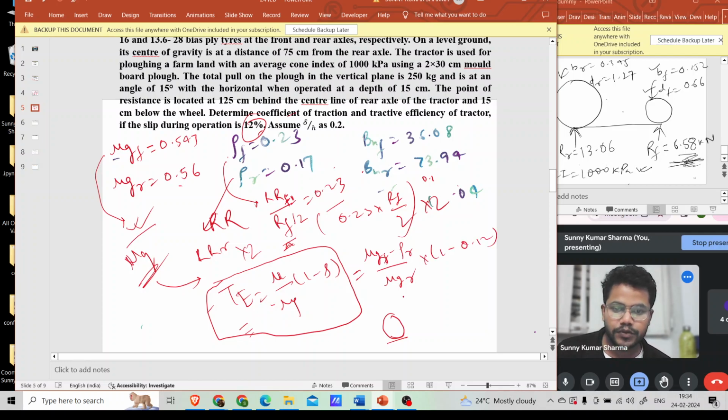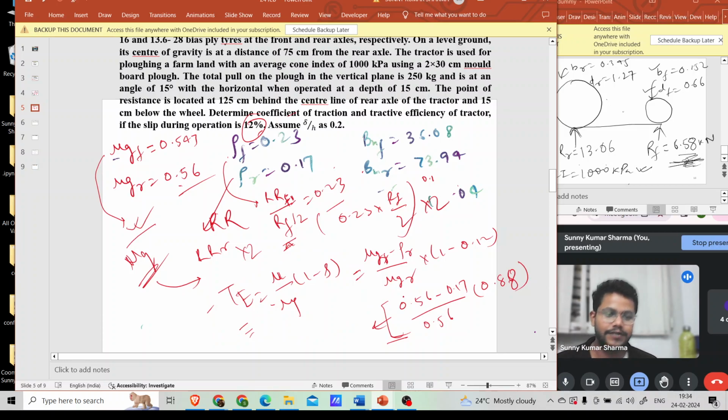Mu g for the rear axle is 0.56. You don't need to calculate. I will just tell you: 0.56 minus 0.17 by 0.56 into 1 minus 0.12 is 0.88. This is the tractive efficiency of the tractor. This you can calculate. Okay, you just calculate it, what tractive efficiency is coming.